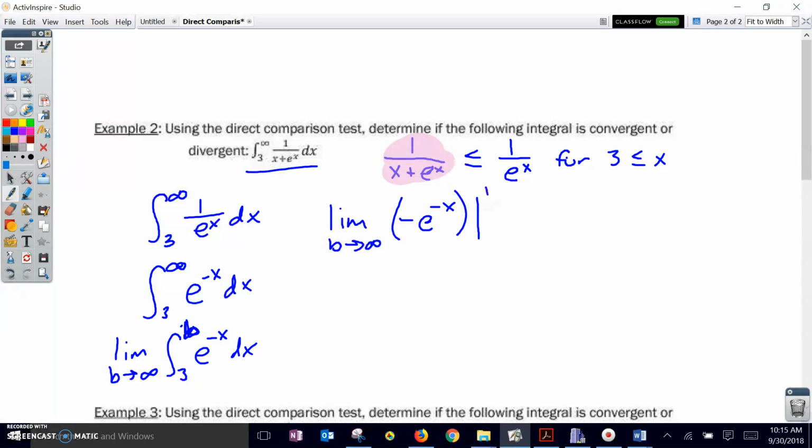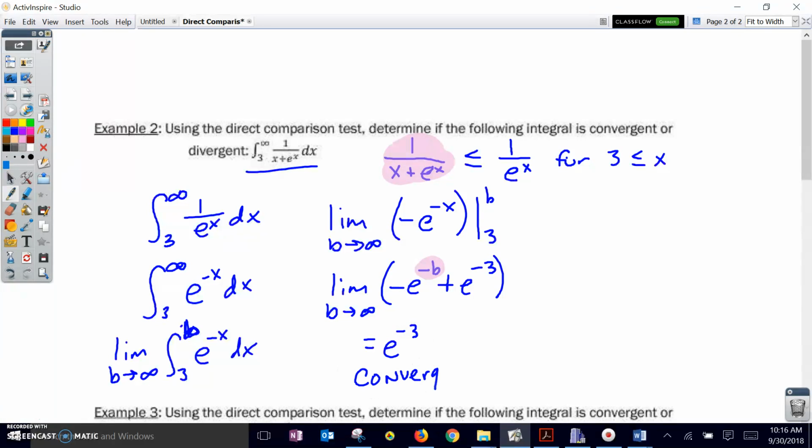So this is the limit as b goes to infinity of negative e to the negative b minus negative e to the negative 3. And as b goes to infinity, this exponent goes to negative infinity, and therefore this term approaches 0, and so this limit is e to the negative 3.